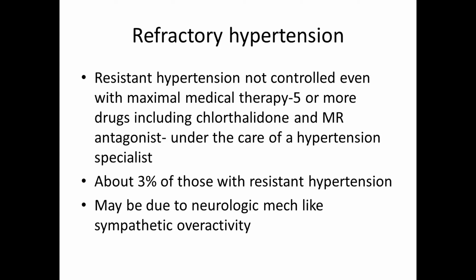That's the definition. That's the up-to-date definition, and I didn't say something contrary. Resistant hypertension not controlled even with maximum medical therapy, requiring 5 or more drugs, including chlorthalidone and MRA antagonists under the care of a hypertension specialist.